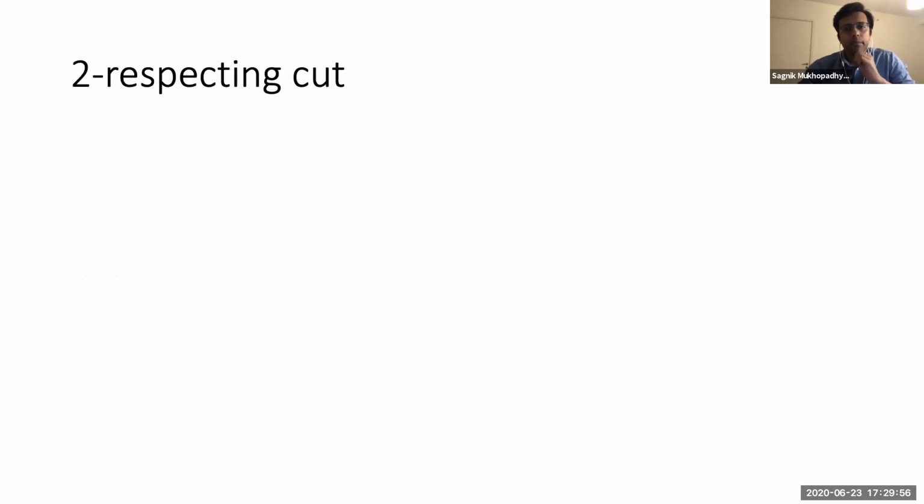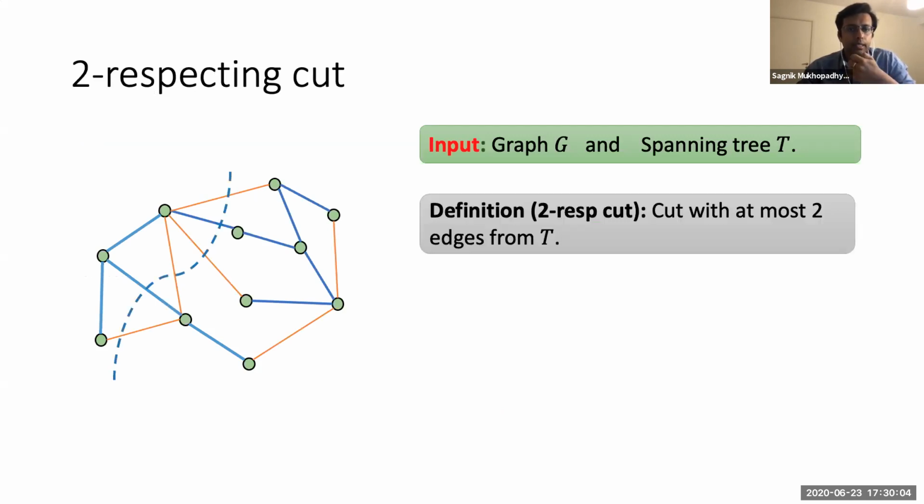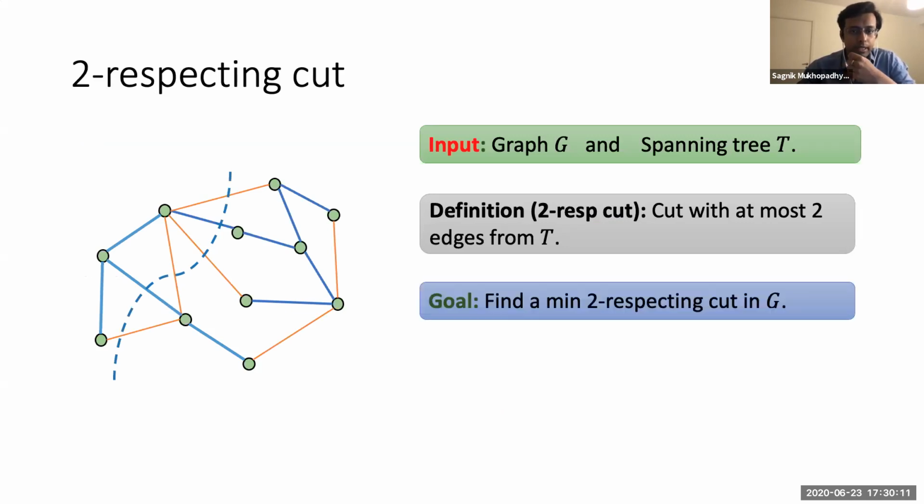And the answer is a subroutine called the 2-respecting min-cut. The 2-respecting cut is defined with respect to a spanning tree of the graph, and a cut is 2-respecting if at most 2 edges from the spanning tree participate in the particular cut. And the goal of this subroutine is to output, with respect to a given spanning tree, the minimum cut that 2-respects the spanning tree.